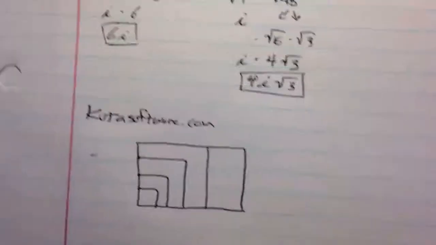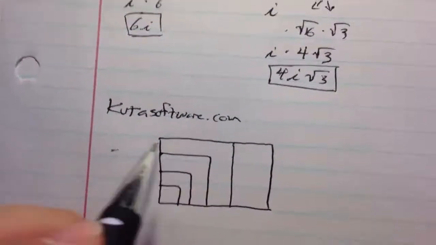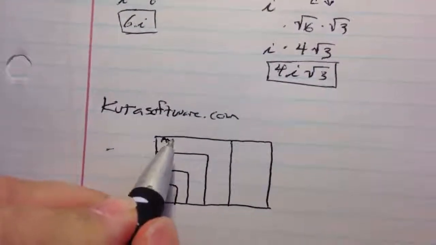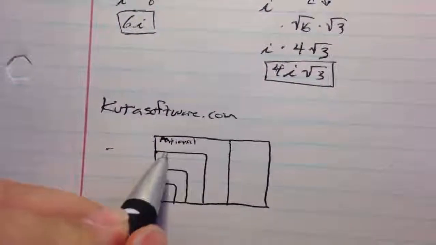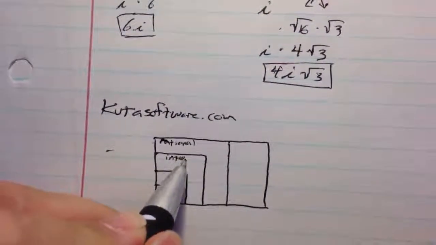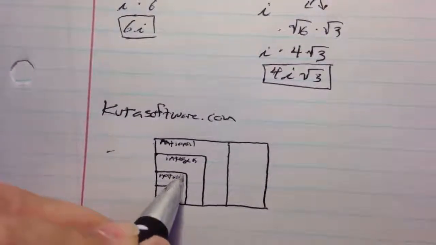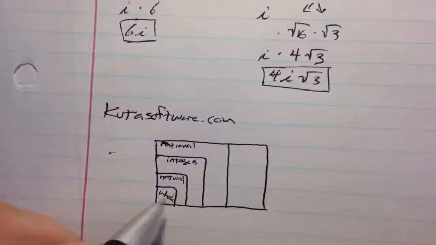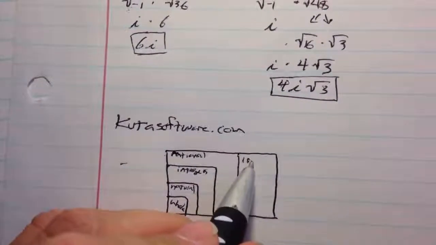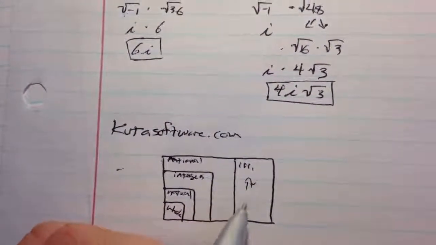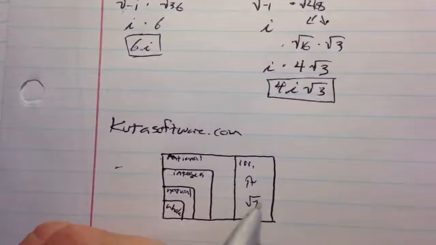Here's what I mean by that. The real number system, you have your rational numbers, your integers, your natural, and your whole. And over here you have your irrationals like pi and the square root of 7, and so on and so forth.